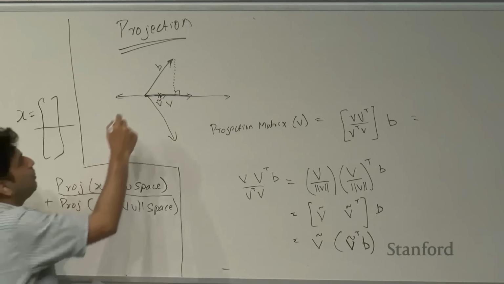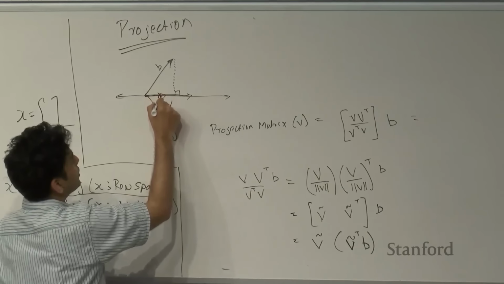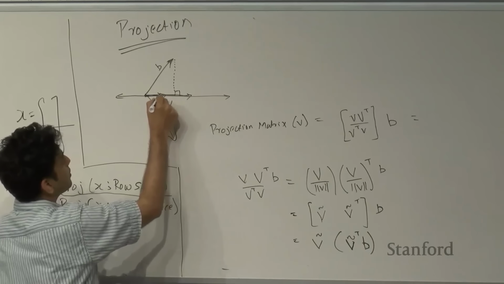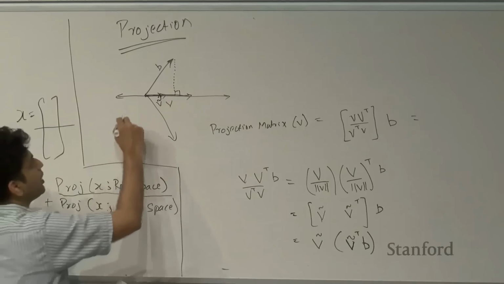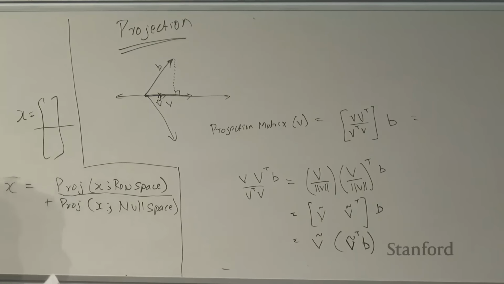So if V tilde is some unit length vector, you take any other vector B, the inner product between two vectors where one of them is unit length is going to be the magnitude of the other vector along the direction of the unit length vector.